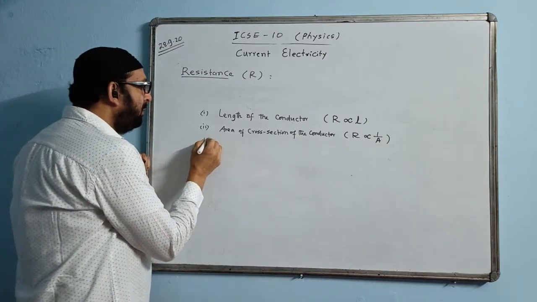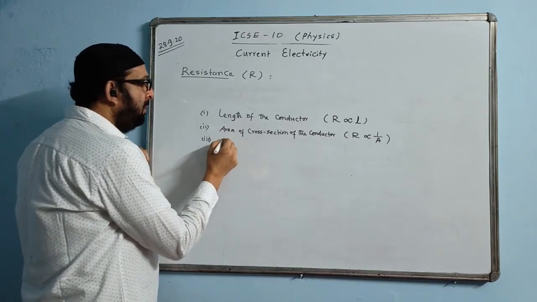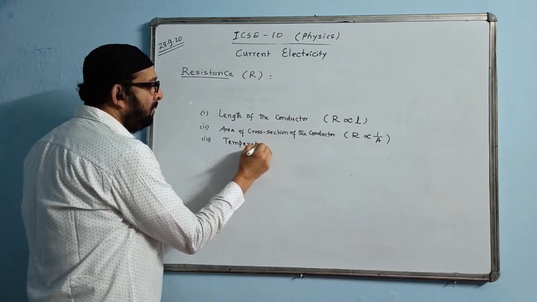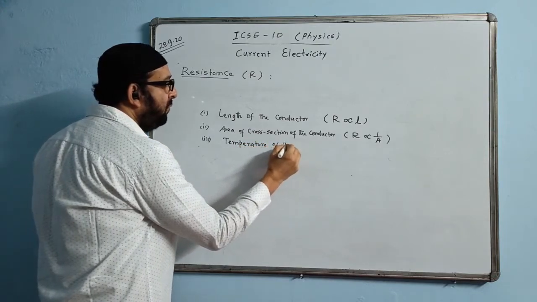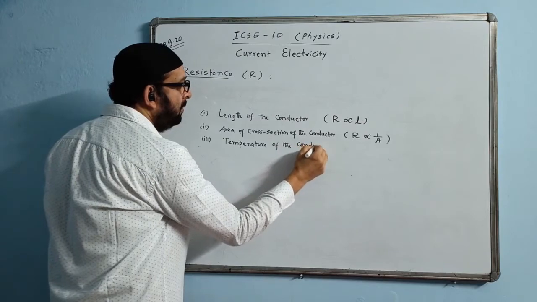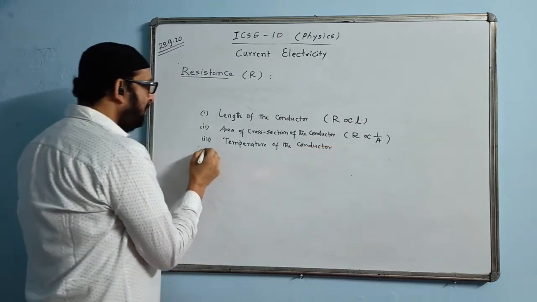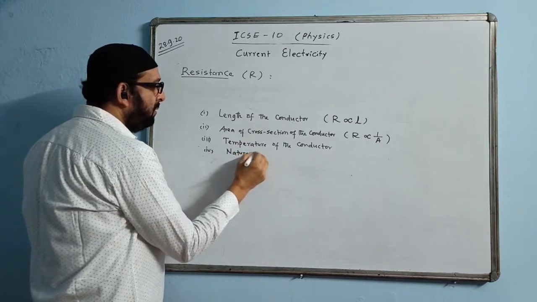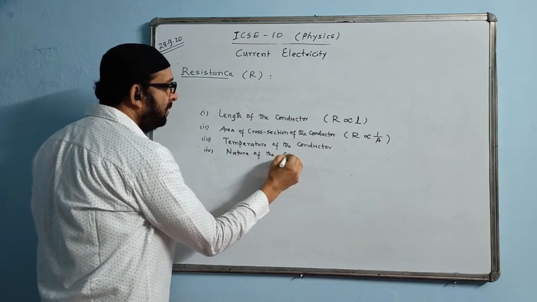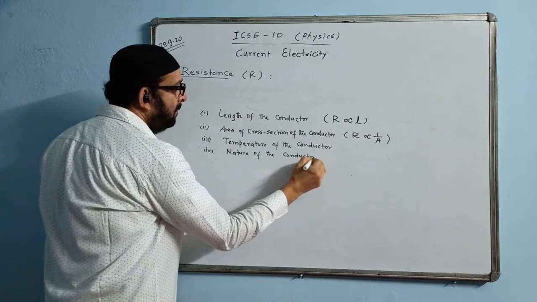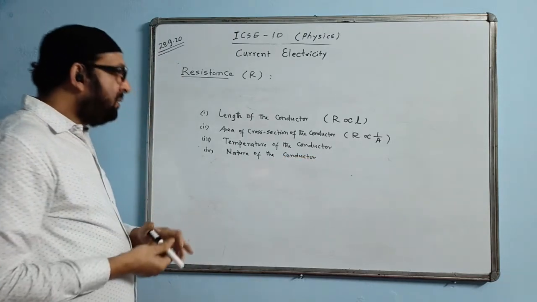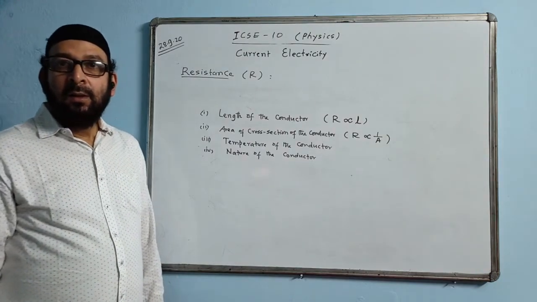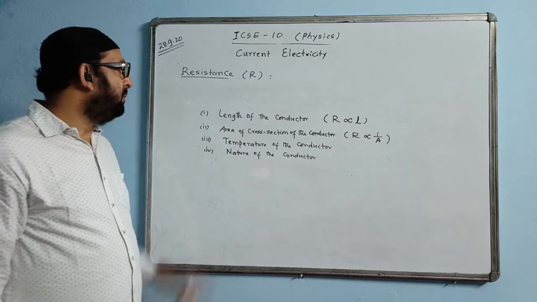The third point you write temperature of the conductor, and the fourth one you write nature of the conductor. These are the 4 factors which affect the value of resistance of a conductor.